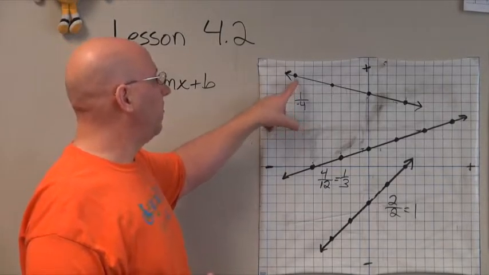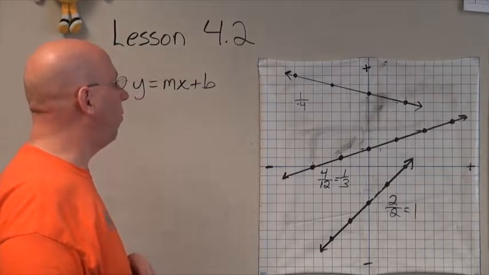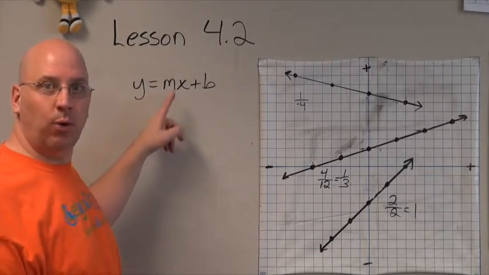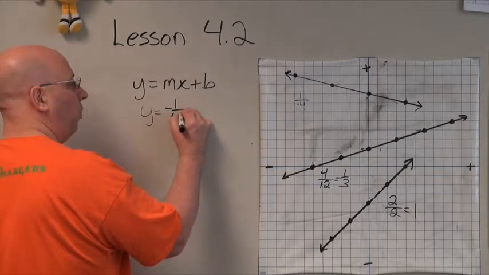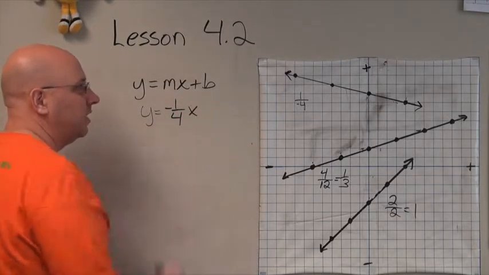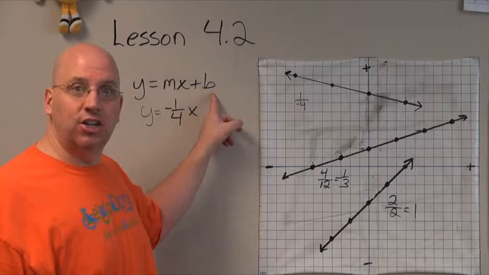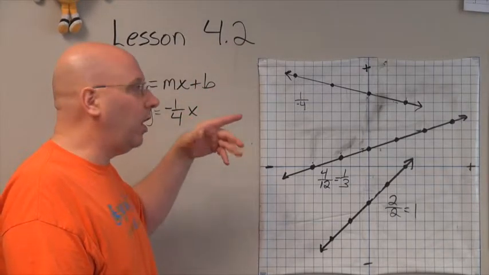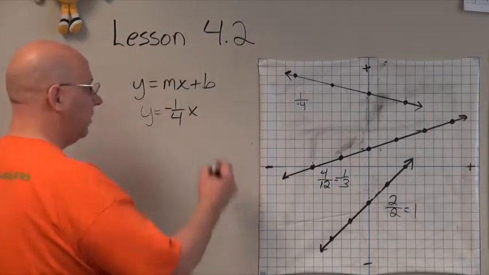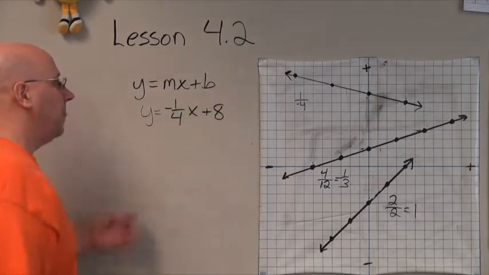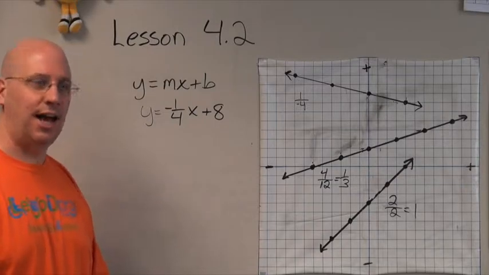So here I have a slope of -1/4. So obviously that's my rate of change. y is equal to -1/4 x, and then the intercept, or the initial value, is where it crosses the y-axis. So if you look at y equals 8, you would say plus 8. There is the equation for that line.